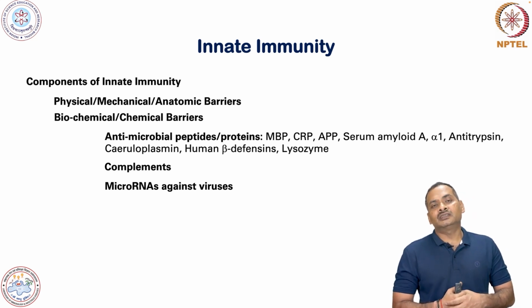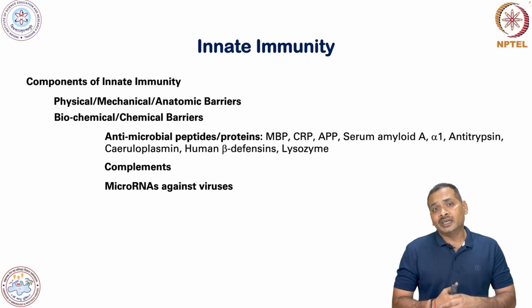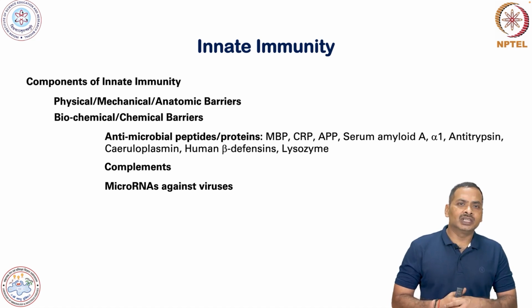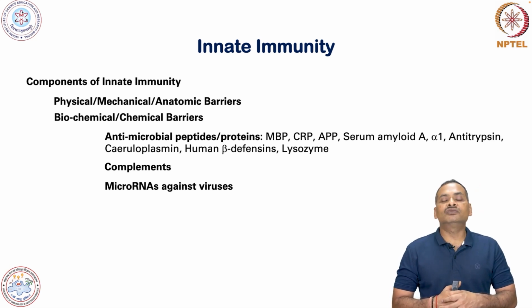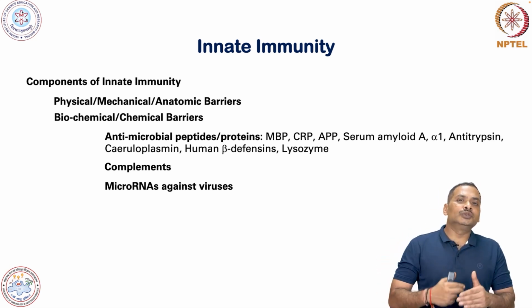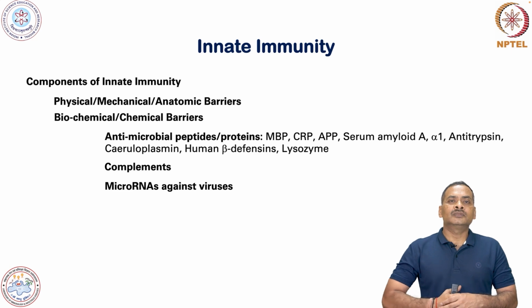Another way is that when there is a virus infection, the microRNA can bind to a negative regulator of the innate immune signaling pathway. When it binds to the negative regulator, it will induce more antiviral gene expression.